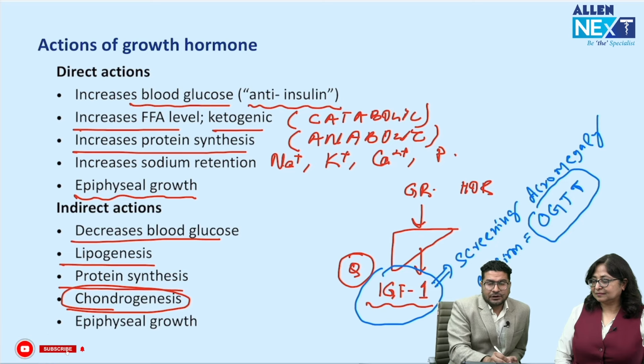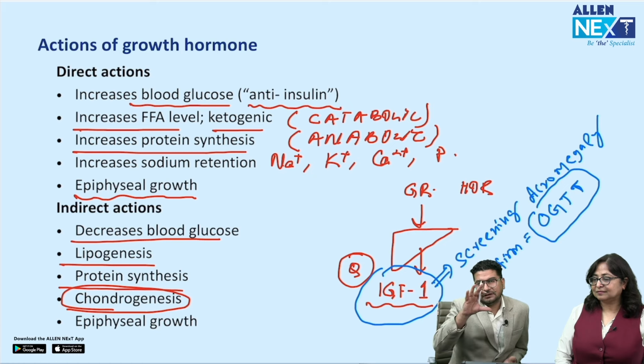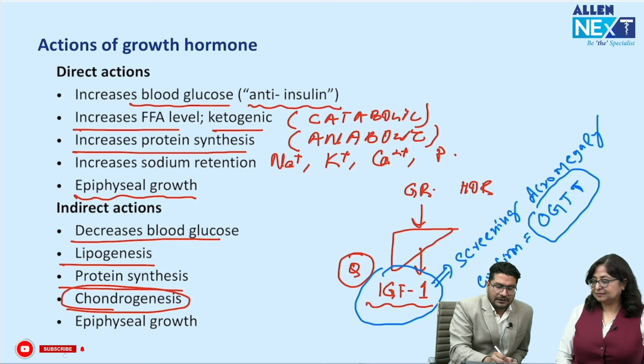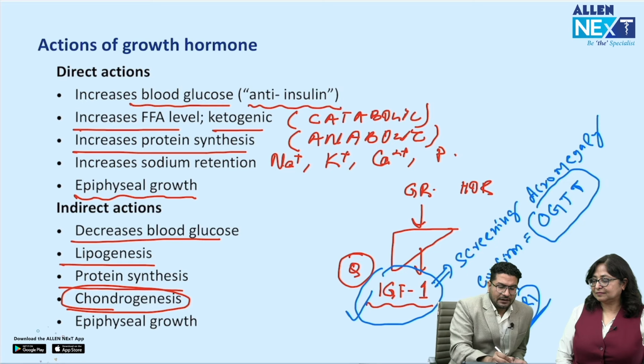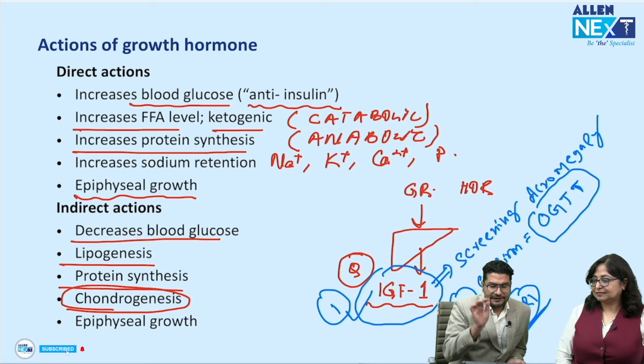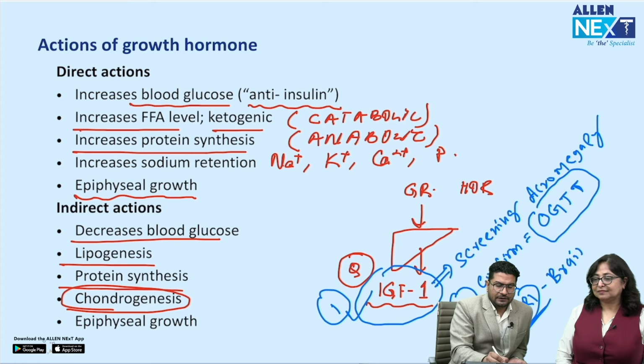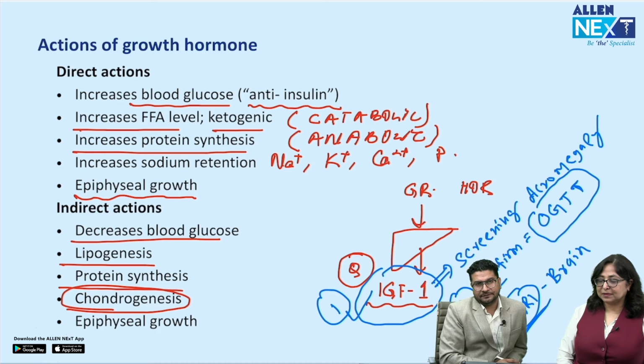And once you want to localize the tumor, because the most common cause is pituitary adenoma, you have to do a scan. That means you are doing a gadolinium-based MRI. These are the three tests that we do. First is screening, IGF-1 level; confirmation, OGTT; and to localize the tumor, an MRI brain, because the most common cause is a growth hormone secreting adenoma.